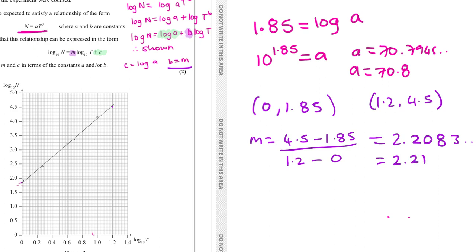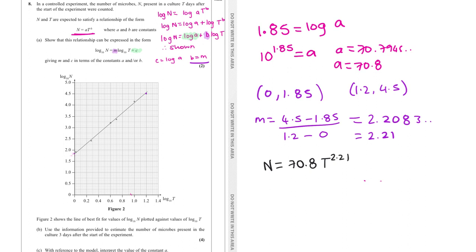Okay, so that means my formula is N equals A, which we worked out, 70.8. T is our time, so we can leave that, to the power of 2.21. The question asked us for 3 days, so N equals 70.8 times 3 to the power of 2.21.